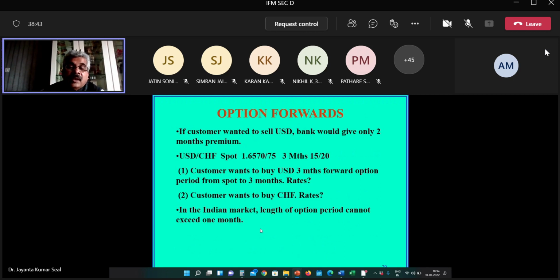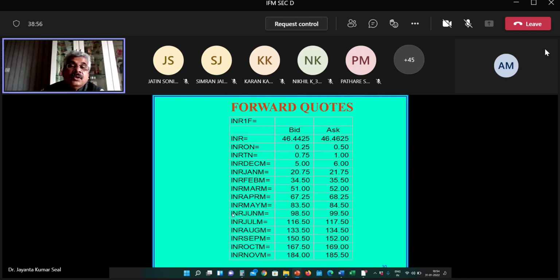This is another example of an option forward. In the Indian market, the length of the option period cannot exceed 1 month. Here you can see a spot rate with swap quotes for 1 month, 2 months, and after that the names of the months, December, January, February, March, and so on.